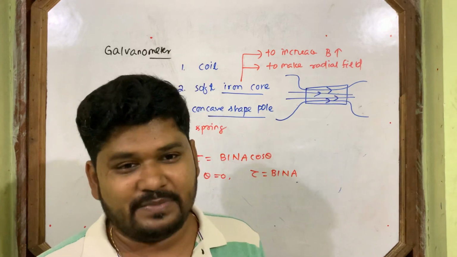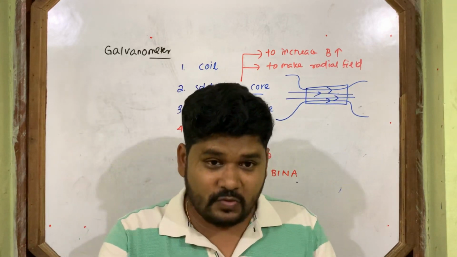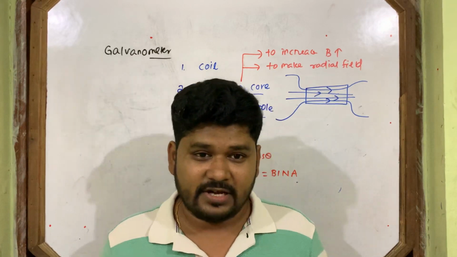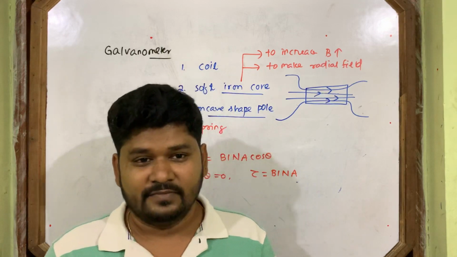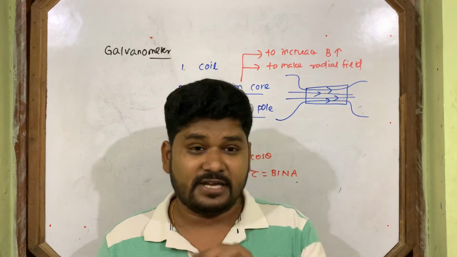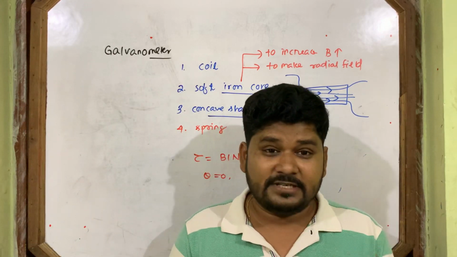The same thing happens here. When you rotate the swing, the swing opposes you, because every wire, every substance, has the elastic property to oppose.